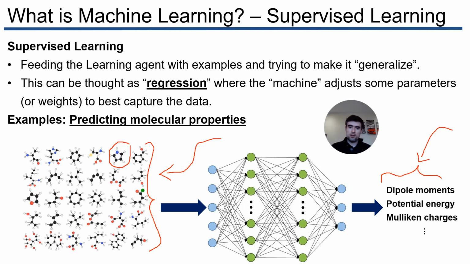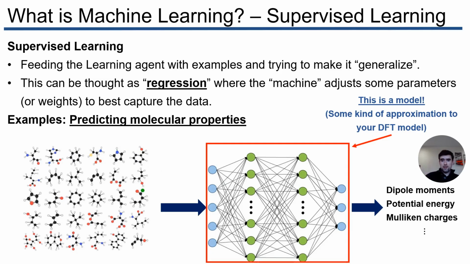Now, the idea here is that the neural network, in the end, acts like what we would call a lower fidelity model to, for example, density functional theory calculations or models. So DFT is a type of quantum mechanical calculation, and this is what we generally do.